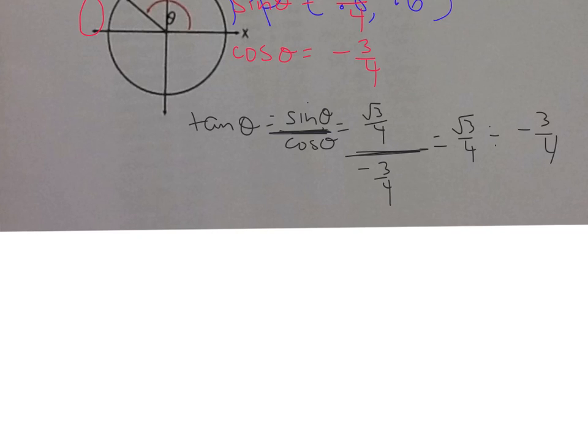When we divide fractions, you do same, change, flip, so it's the square root of 3 over 4 times negative 4 over 3. You can reduce 4 and 4 to 1 and 1, so it's negative the square root of 3 over 3. Okay, so that's it, and we'll practice some more in class tomorrow. All right, have a good night.